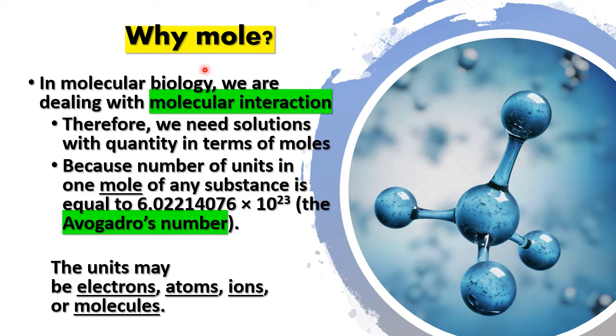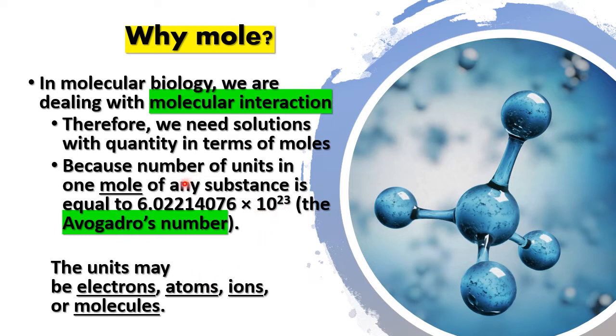Now, why mole? In molecular biology or even in biochemical or chemical reactions, we are dealing with molecular interactions. Therefore, we need solutions with quantity in terms of mole, because when we talk about mole, we in fact are talking about the number of molecules because of Avogadro's number. The number of units in 1 mole of any substance is this figure, 6.022 and so on, times 10 raised to the power 23.